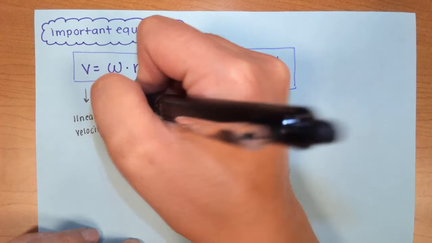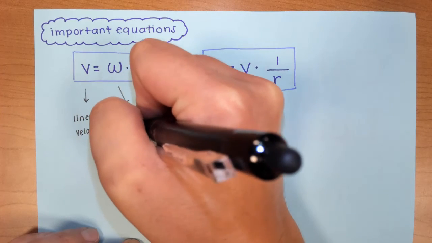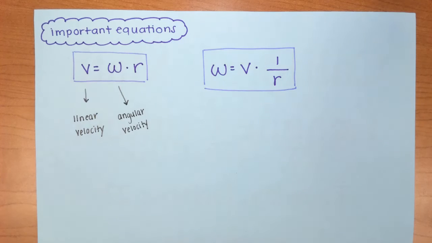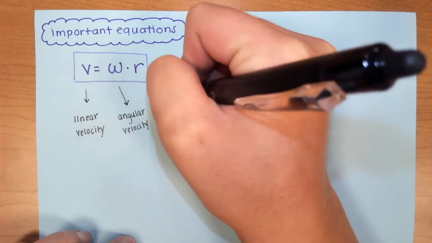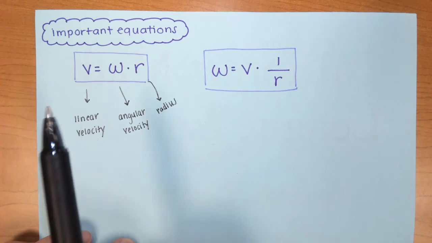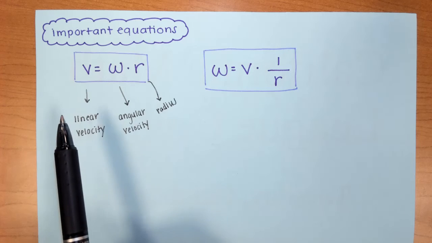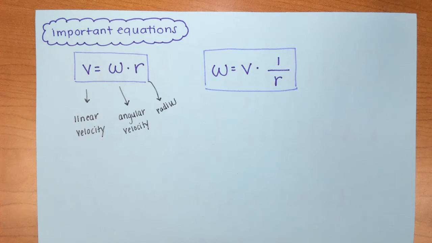Omega is our angular velocity. That's going to be things like degrees per minute, radians per second, rotations per minute, revolutions per minute. And then lastly, r is our radius, or the distance from the center. So our linear velocity is equal to the angular velocity times the radius, or the distance from the center.